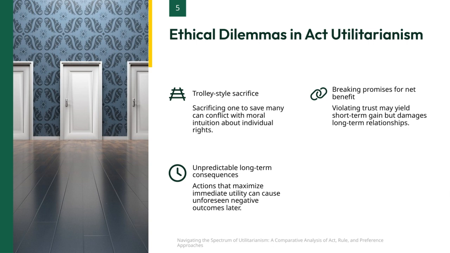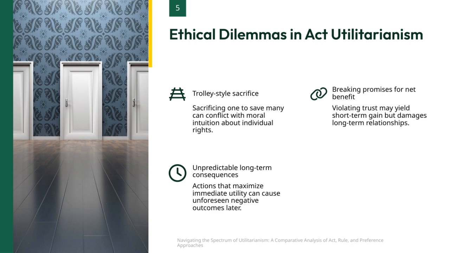While violating trust might bring immediate advantages, it ultimately harms relationships and social cohesion over time. Finally, unpredictable long-term consequences remind us that actions maximizing immediate utility may lead to unforeseen negative outcomes in the future. These complexities show just how challenging it is to apply act utilitarianism consistently, especially when choices have ripple effects that are hard to foresee.